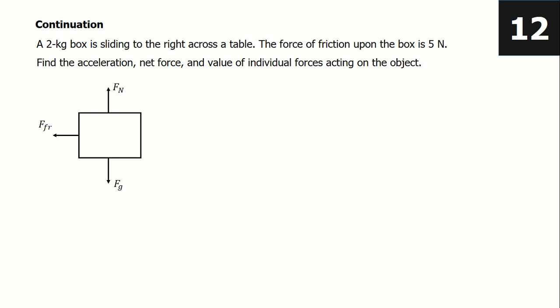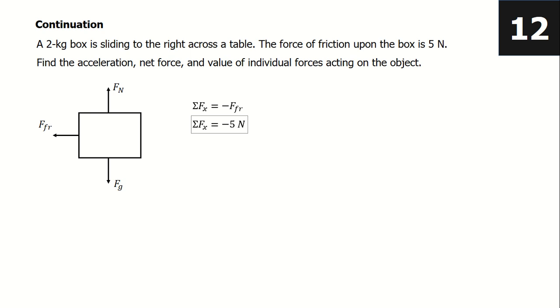So as a continuation, we have to find out the net force. The net force is present along the x-axis. Since the friction force is the only force on that axis, that's already the net force, or it is the frictional force causing the unbalanced force, okay?